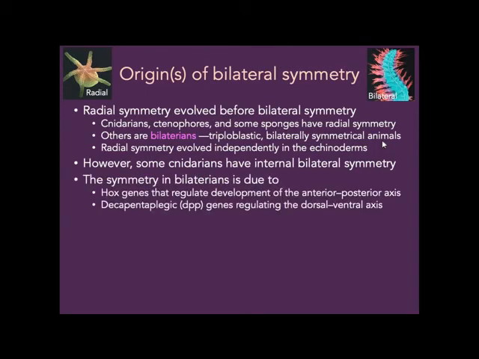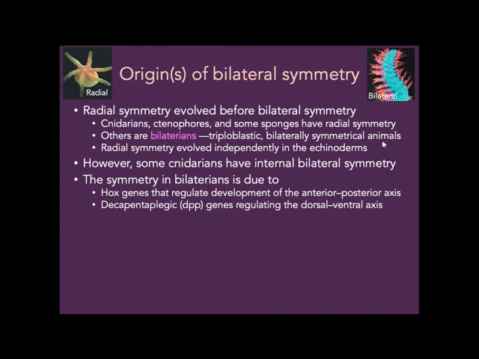The symmetry in bilaterians is due to particular genes. Do you remember Hox genes? You know what those are? Those are those master controller genes. Yeah, what kind of stuff do Hox genes control? Like the timing of development. Yeah. So Hox genes are responsible for regulating development of the anterior-posterior axis, meaning what part is going to develop into the head and what part is going to develop into the butt.